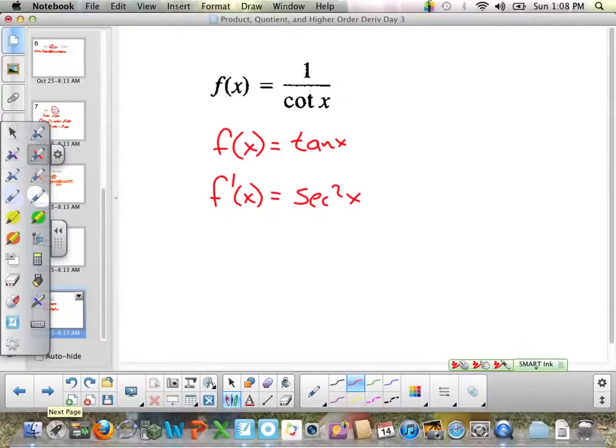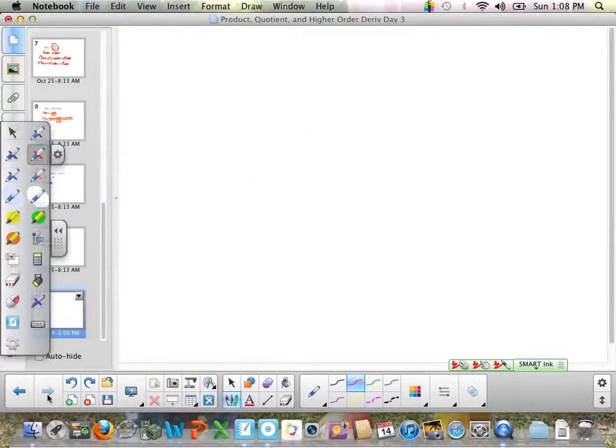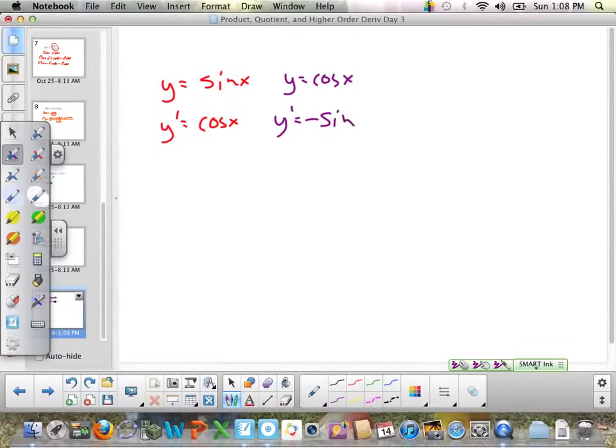All right, so in review, in conclusion, we have 4 trig functions we know the derivatives of now. Y equals sine x, the derivative is cosine x. Y equals cosine x, the derivative is negative sine of x.